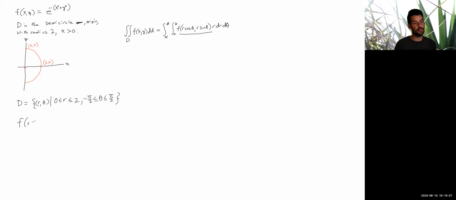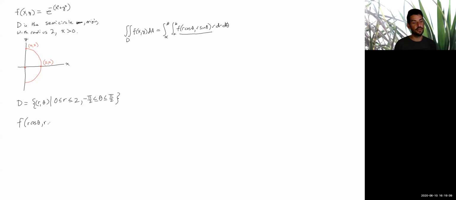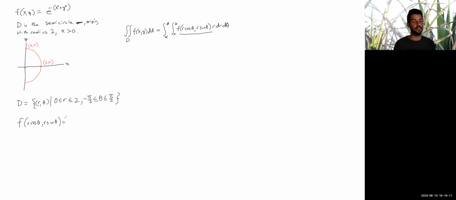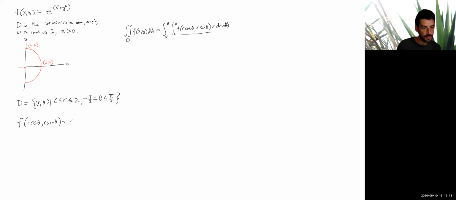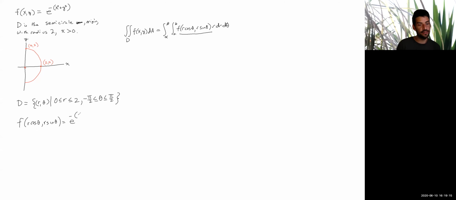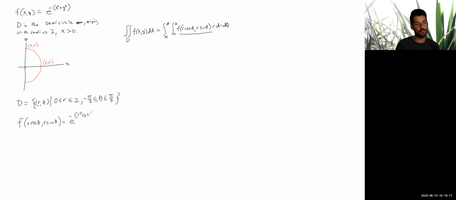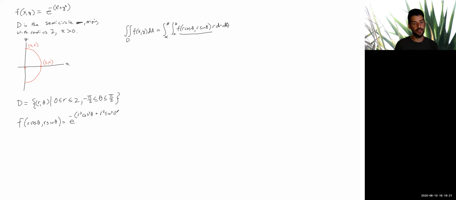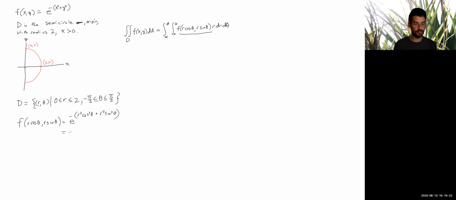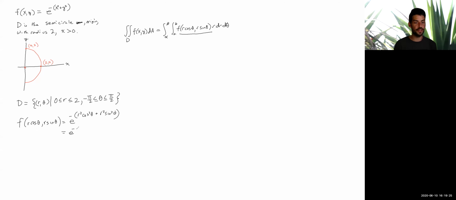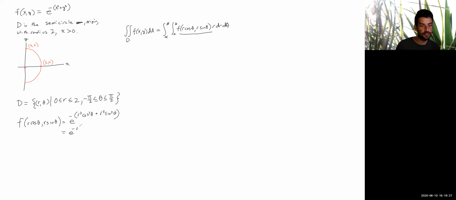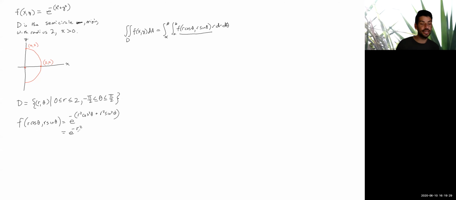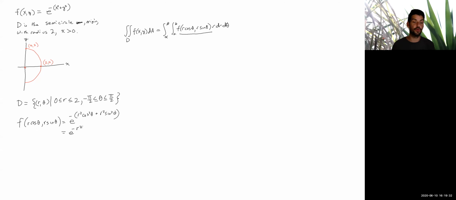That is going to be e to the negative r squared cosine squared theta plus r squared sine squared theta, which of course we can factor out the r squared, and then cosine squared theta plus sine squared theta becomes 1, and we get just e to the negative r squared.